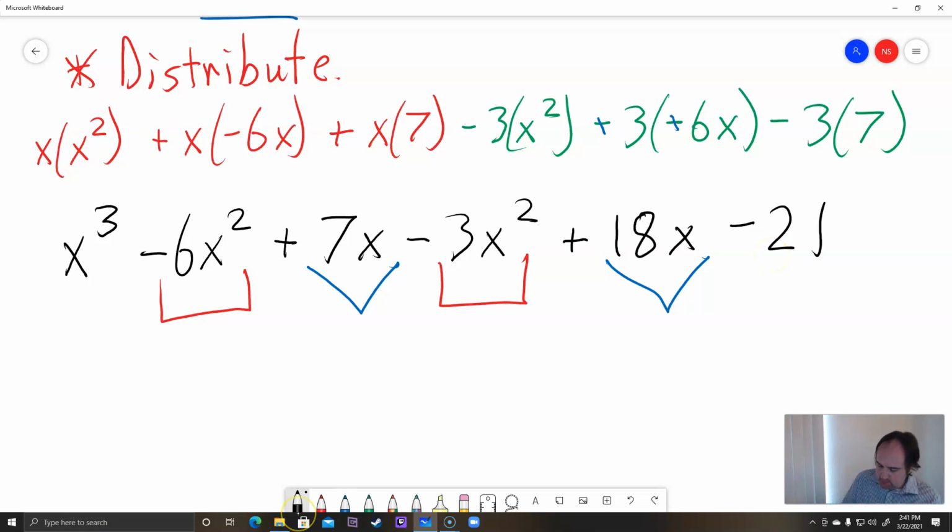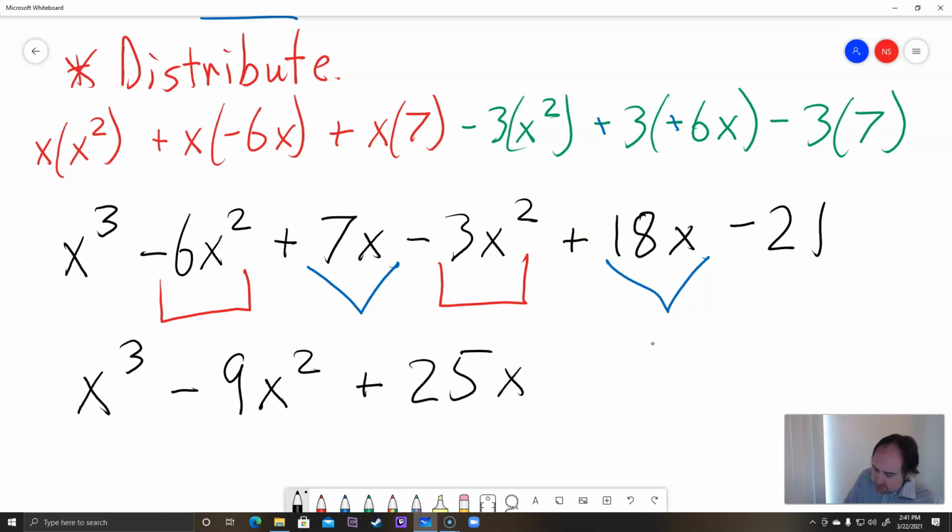Writing the highest powers first, we have x cubed, and then negative 6 minus 3 is negative 9x squared. Combining the x's, 7x plus 18x is positive 25x, because 7 plus 18 is 25.